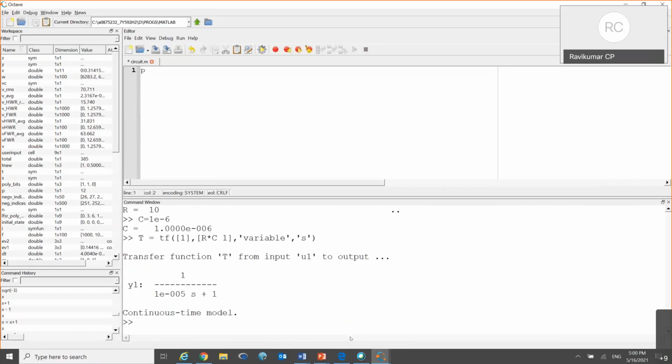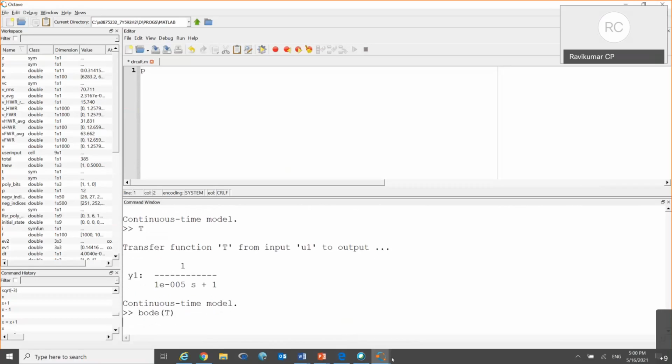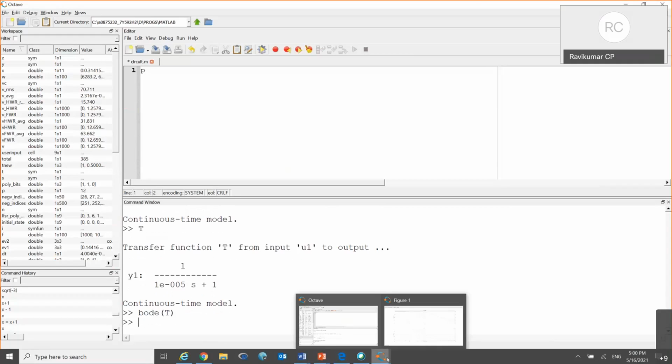So I have declared T as a transfer function. There are many things available on transfer function, but one of the most important ones is Bode plot. So if you do this, it should come back with the Bode plot of T.